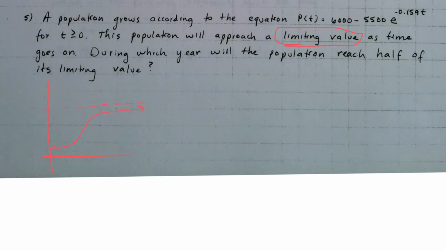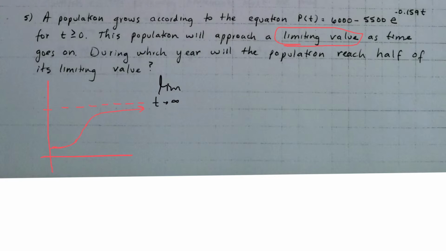So as time goes on, the population can only sustain so many members because of the environment. And when you think about it, that's a horizontal asymptote. And how do we find horizontal asymptotes? We take the limit as, in this case, t, because there's no x, this is a time variable. The limit as t approaches infinity.